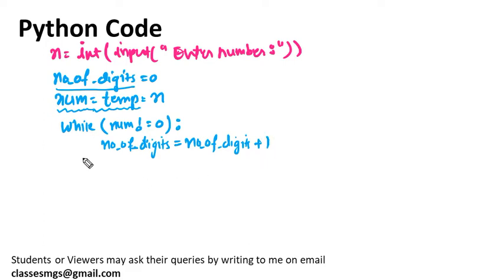Plus 1 you need to write, and then keep on dividing the number n by 10. I already explained how it will help you, because each time we are removing the last digit from the number, and at some point of time n will become 0 and you will stop, and your number of digits counter, which we are incrementing each time, will help you calculate the number of digits.